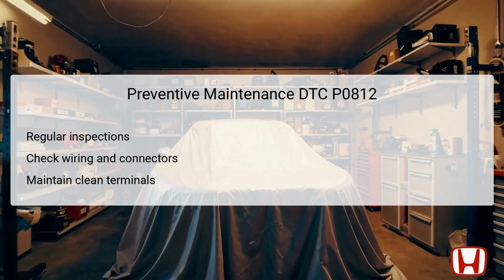Ensuring that all connectors are clean and free of debris or oxidation is also crucial, as this allows for optimal electrical contact. Maintaining the environment around the transmission can further protect against moisture intrusion, which can lead to corrosion. Establishing a routine inspection schedule will help maintain the vehicle in an optimal condition, reducing the likelihood of issues such as DTC P0812 arising in the future.